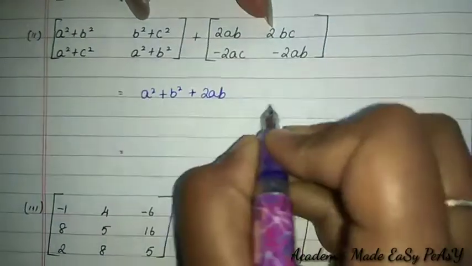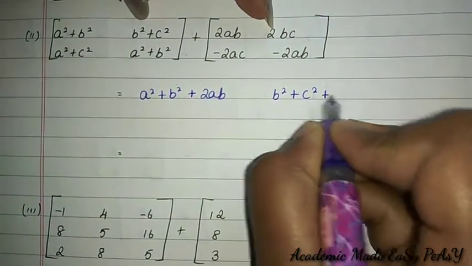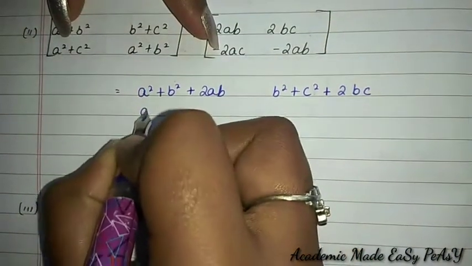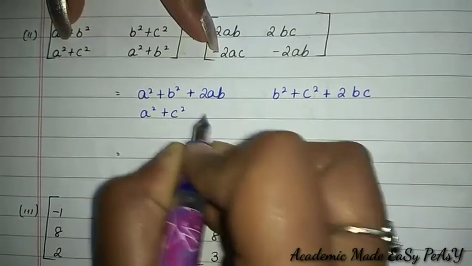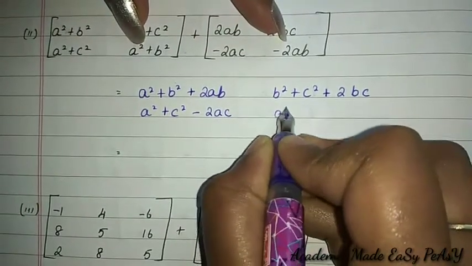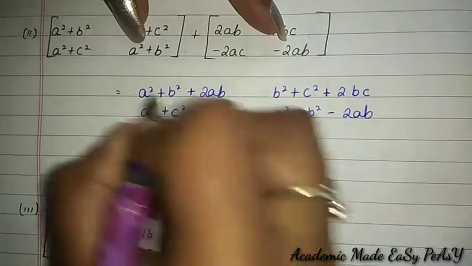Next, B square plus C square plus 2BC, A square plus C square minus 2AC, A square plus B square minus 2AB.